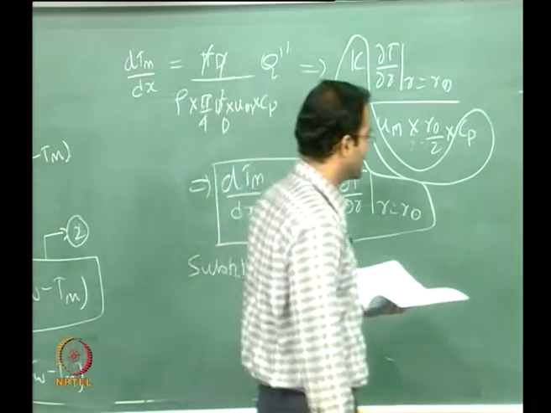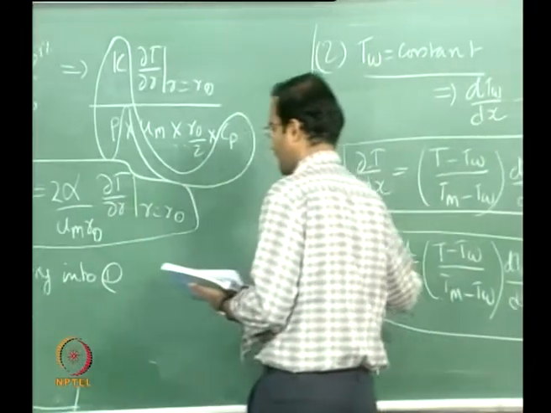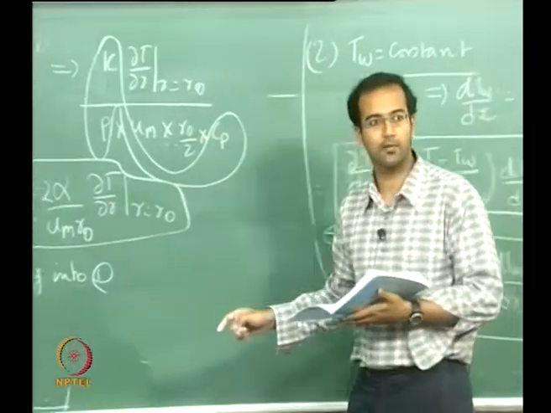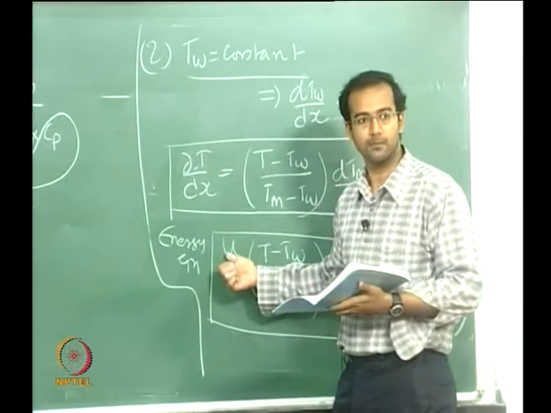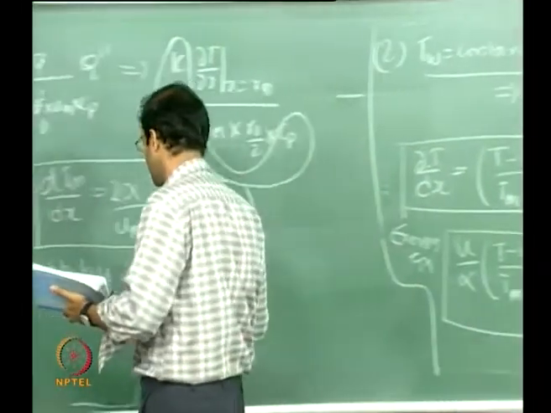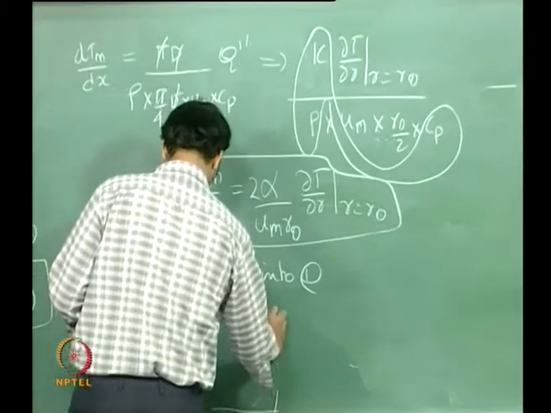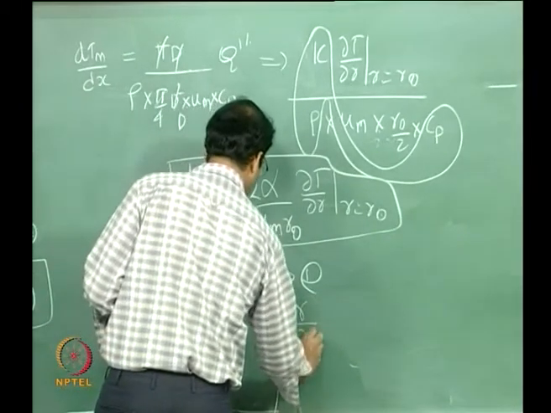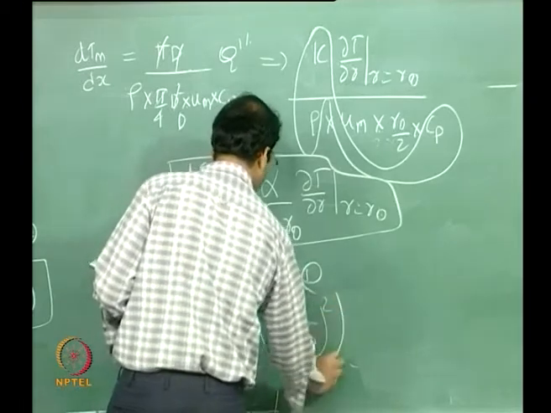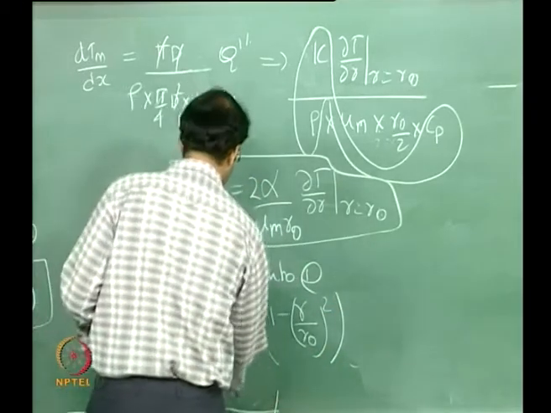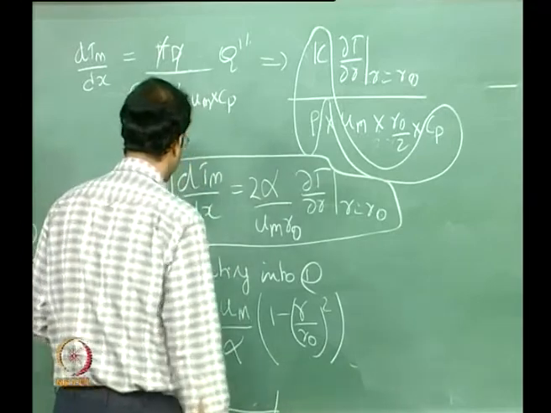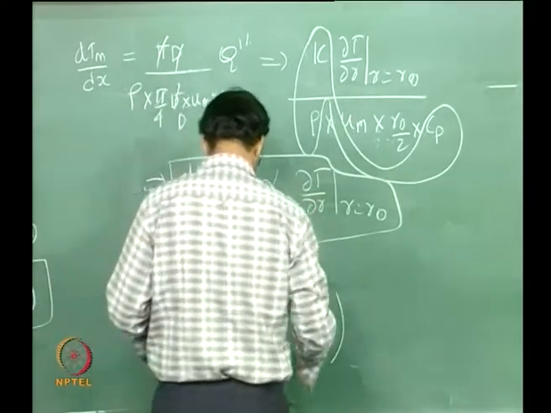I am going to substitute my fully developed velocity profile for u, so that will be 2 um into 1 minus r by r naught the whole square, divided by alpha, and dTm by dx is substituted from here.